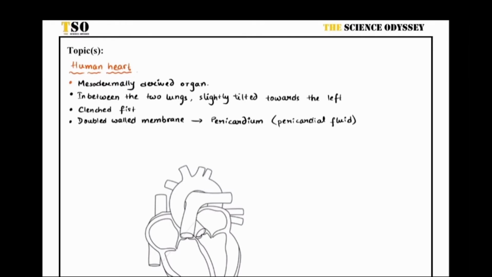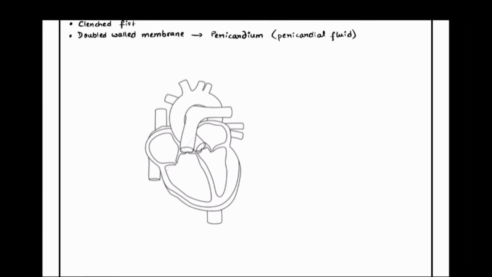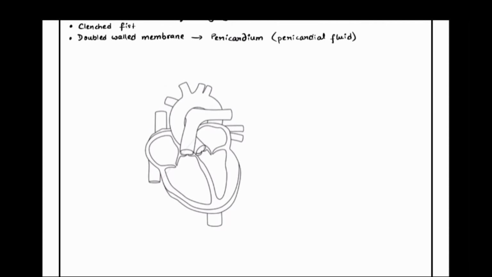Now, if we look at the chambers of the heart, in the previous videos we have talked about the human heart, or the mammalian heart, having 4 chambers, that is 2 atria and 2 ventricles. This was the arrangement.